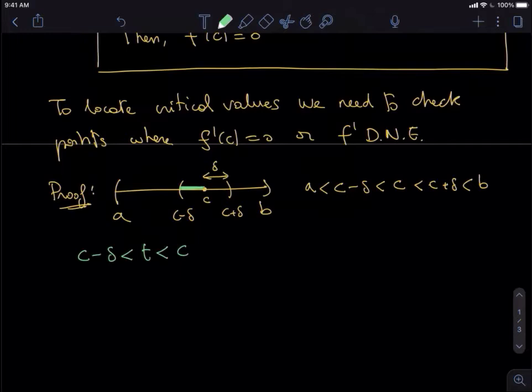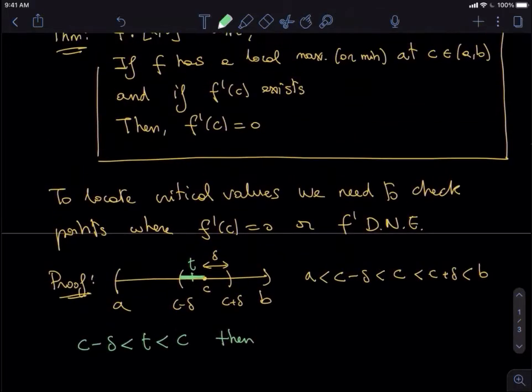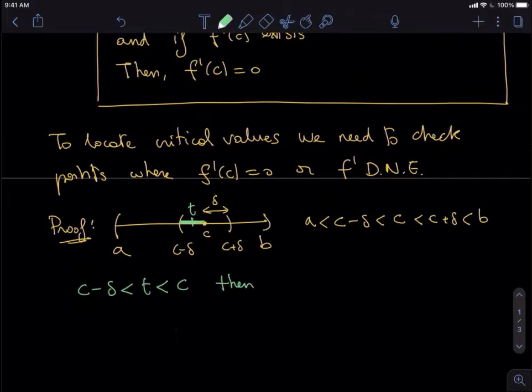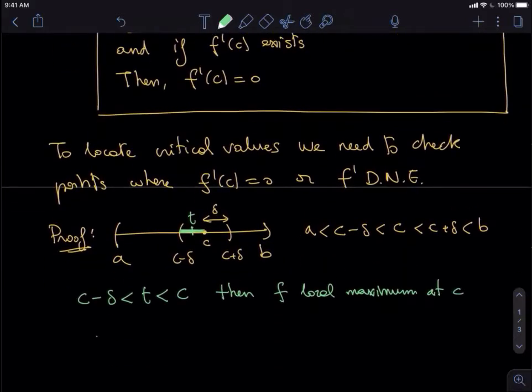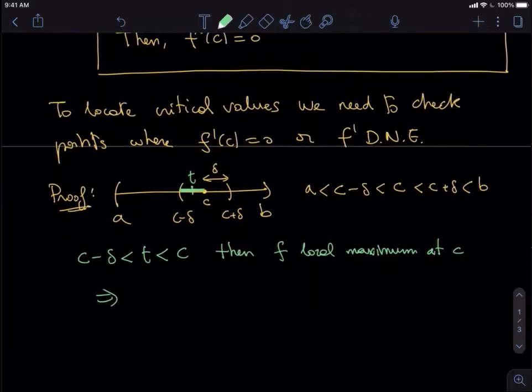We are going to take t here. Because we know it's a local maximum at c, that means that f of t minus f of c is going to be less or equal than 0, for every t around c.